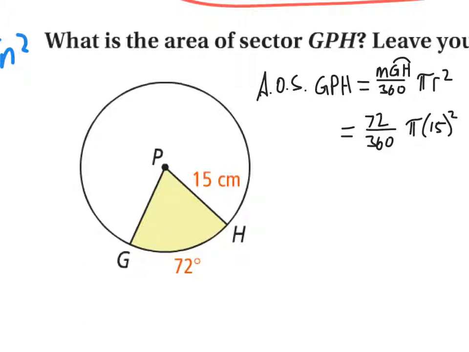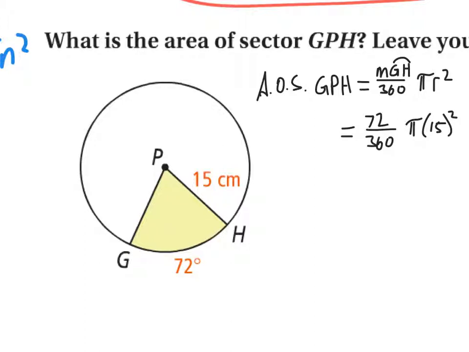Okay, so first thing we could do, we could try to reduce that fraction. We're just going to reduce this like we did before, okay? And maybe you'd rather just reduce the fraction first before you do anything else. So what goes into both 72 and 360?